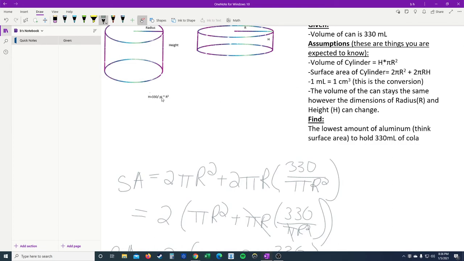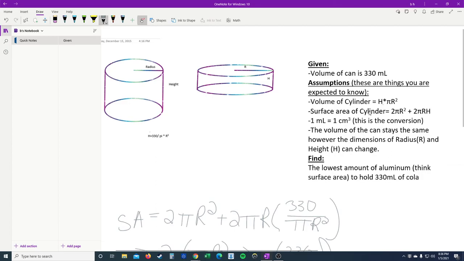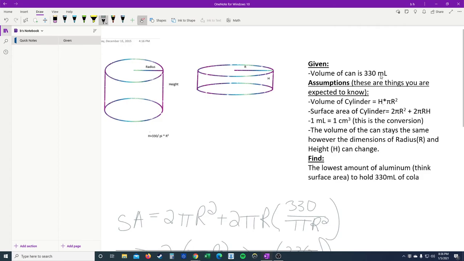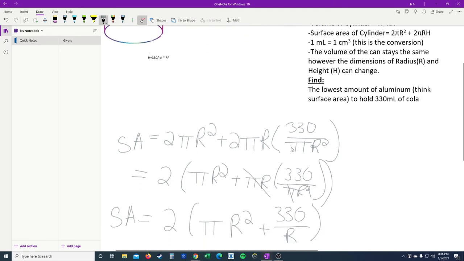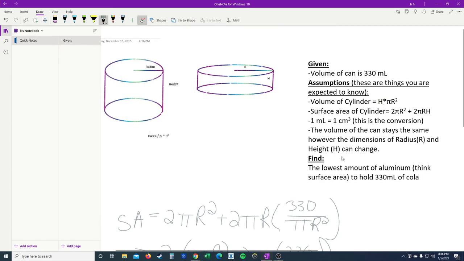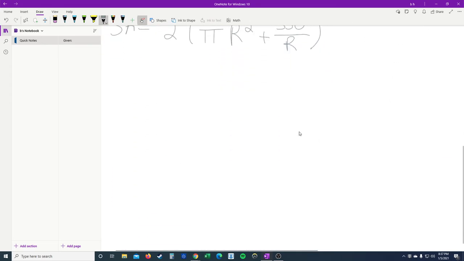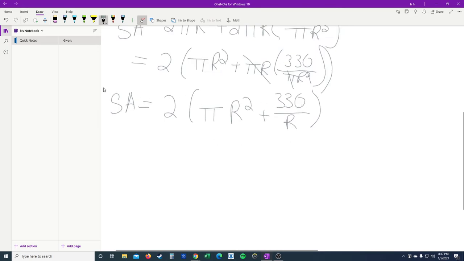Given anything that you pick for r, because that's what we really want to know, the question asks, the r dimension, anytime you adjust the r, your h is going to have to adjust in order to maintain 330 milliliters. We converted the 330 milliliters to centimeters cubed. So that's our unit. And then finally, we needed to find the lowest amount of surface area to hold 330 milliliters. And so that's what this equation is right here.